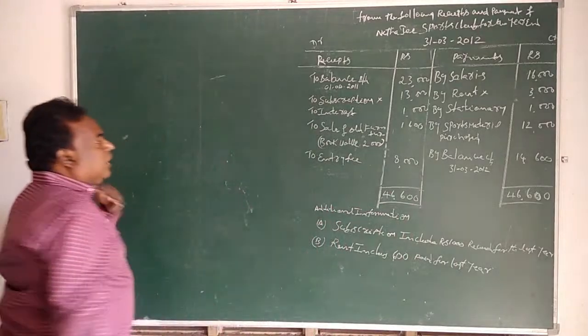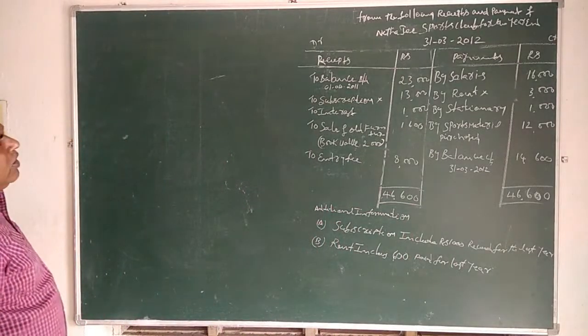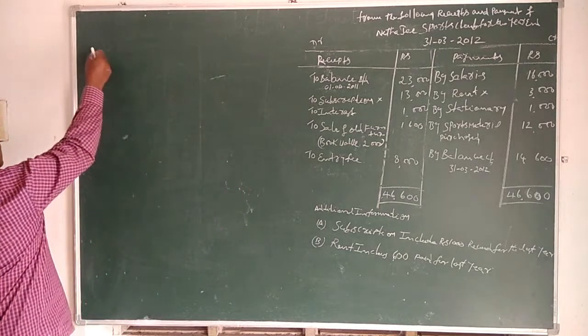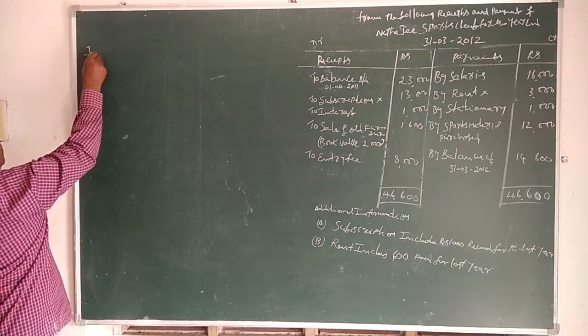Now we would like to design the income and expenditure account for the year ended 31st March 2012.